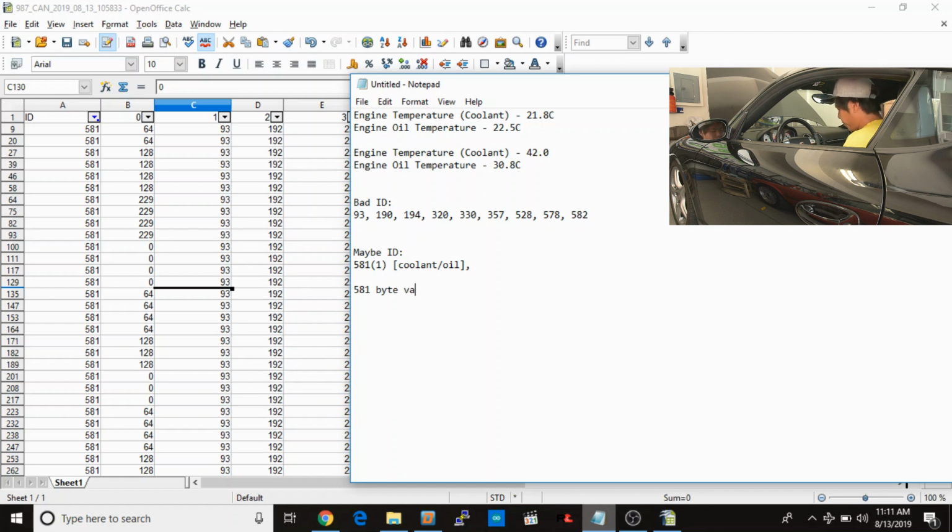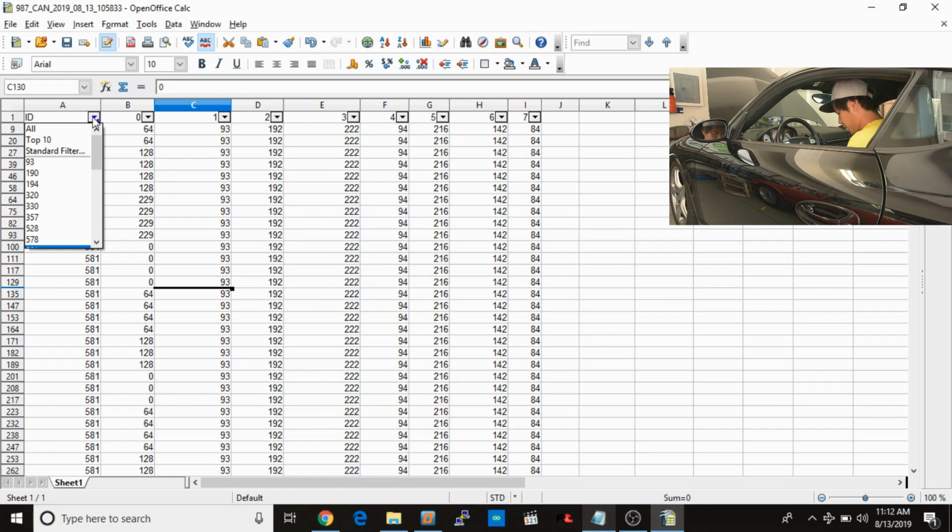Look at this 93, because our starting temperatures are so close to one another, assuming they didn't use two crazy different formulas, and that 581 is the correct byte position and ID number for one of these parameters, then the other parameter we're looking for should be somewhere around byte value 93. That's just a guess, but that's probably a good way to think about it.